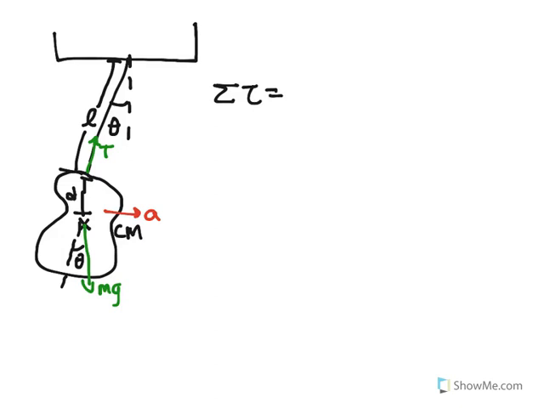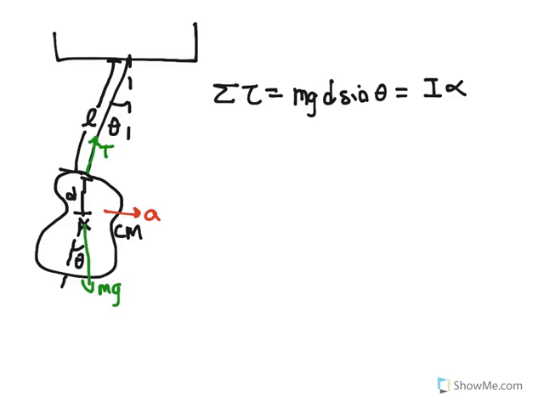So the sum of torques in this situation: the only one who generates torque is the weight, which means that we have the force, which is mg, times the lever arm. In this case it is going to be d, the distance from the center of mass to the axis of rotation, times the sine of the angle theta, equal to the moment of inertia times the angular acceleration.